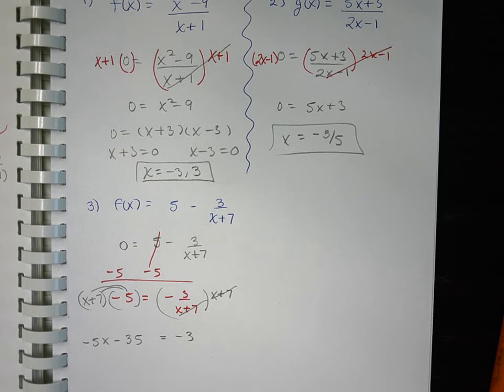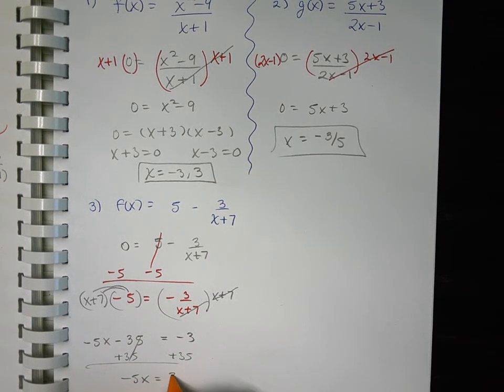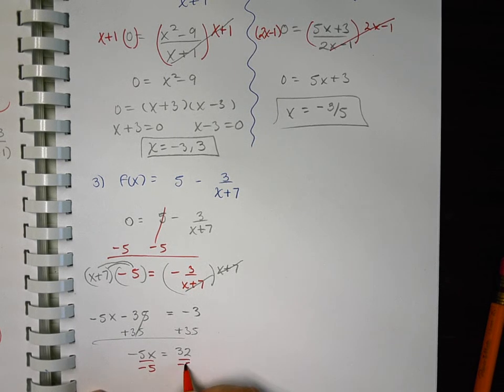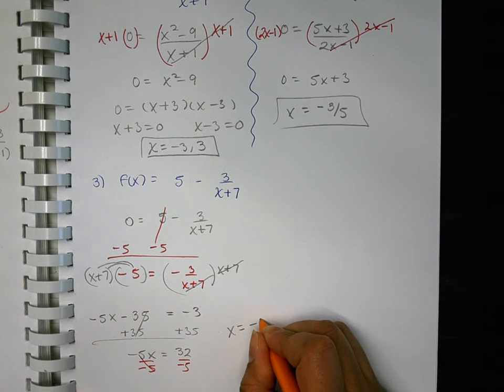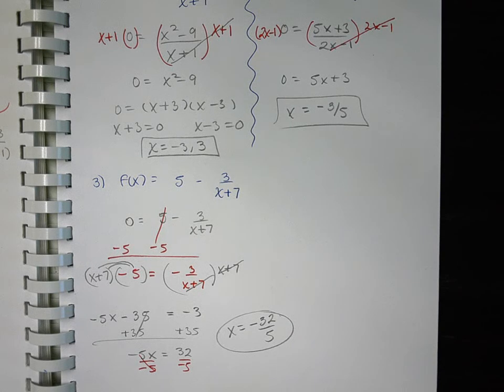Negative 5x minus 35 equals negative 3. Move things around. Divide. And what's your final answer? x equals what? Negative 32 over 5. Are we good? Questions?